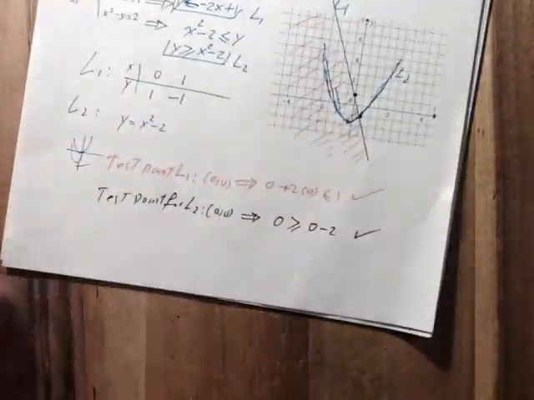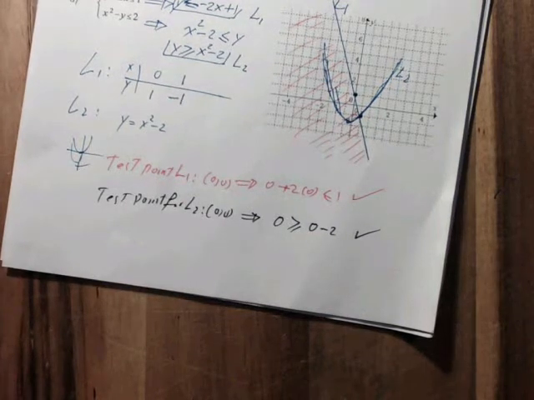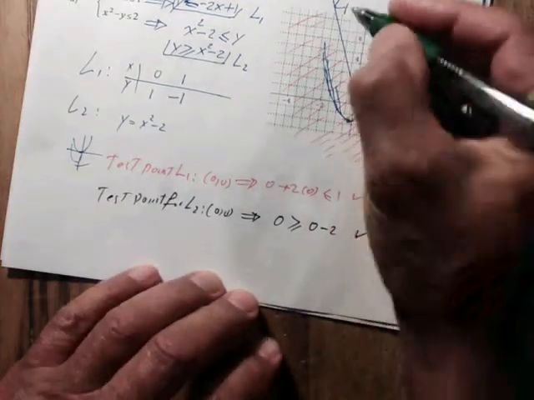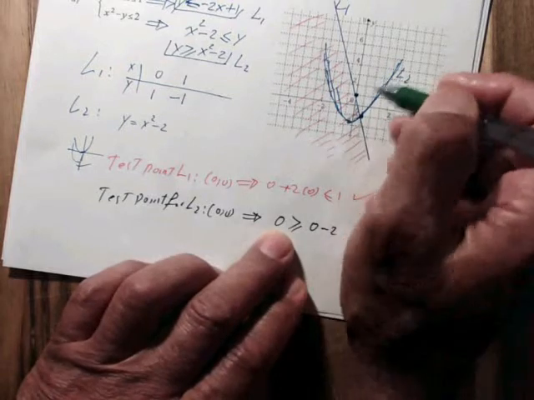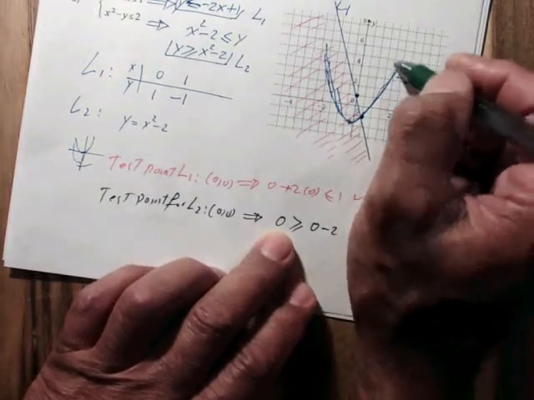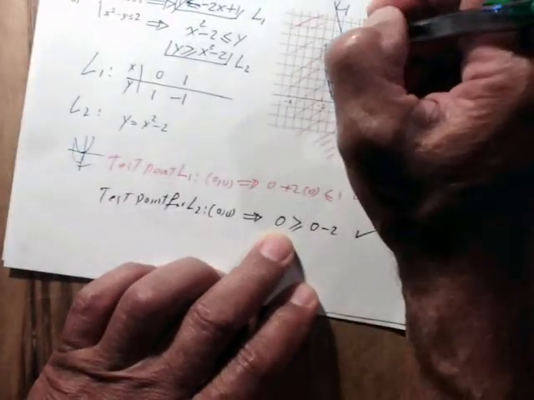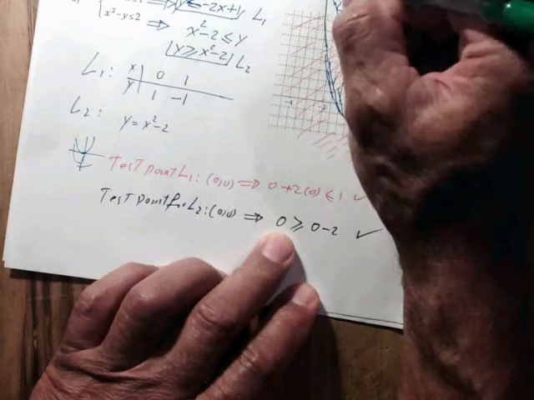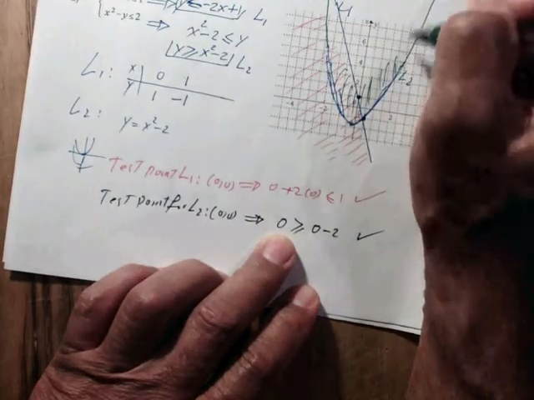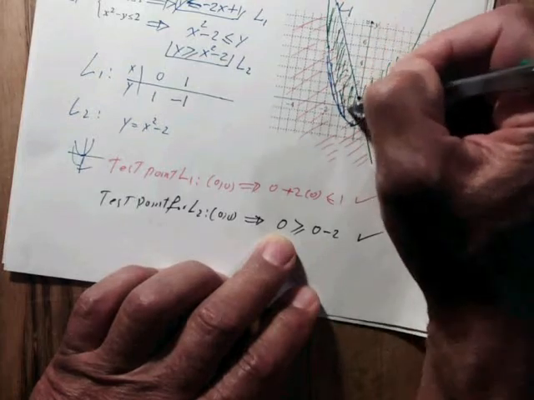So I wish I could find my screen. Okay, I found it. So it's going to be inside the parabola, see? The parabola is going to go up like that, and the region is that.